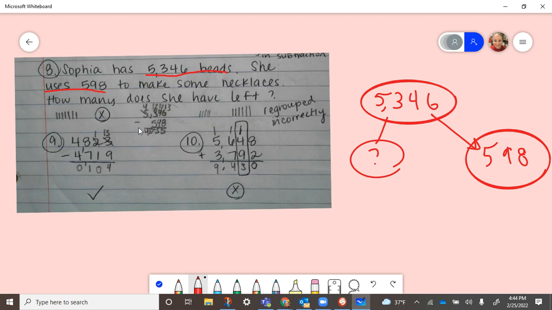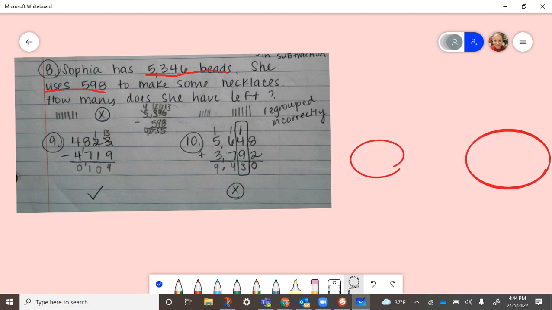So here you subtracted, that was good, but it was just regrouping incorrectly. So here on this one, let me clean this up. You did do some regrouping.